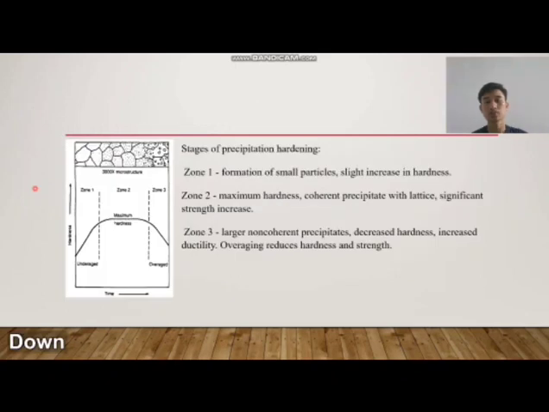Next, stages of precipitation hardening. Zone 1, formation of small particles, slight increase in hardness. Zone 2, maximum hardness, coherent precipitate with lattice, significant strength increase. Zone 3, larger non-coherent precipitates, decreased hardness and increased ductility; overaging reduces hardness and strength.